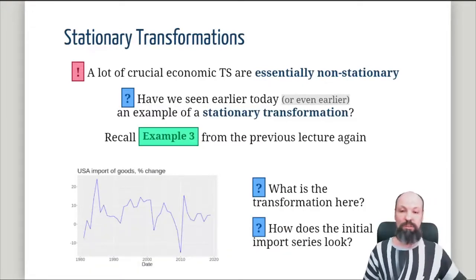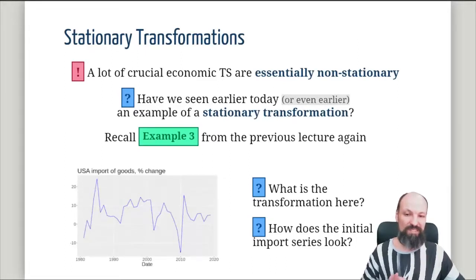On average, the percentage change doesn't change much. Yeah, so it is fluctuating, but around the same stable over time level. That's the definition and the property of stationarity.